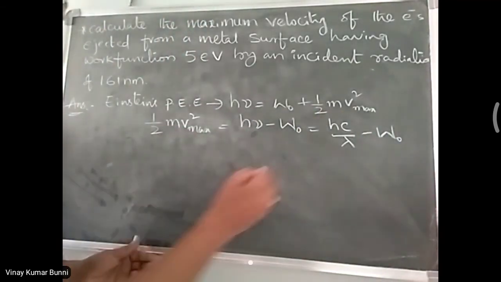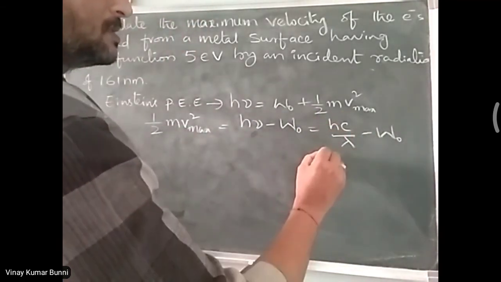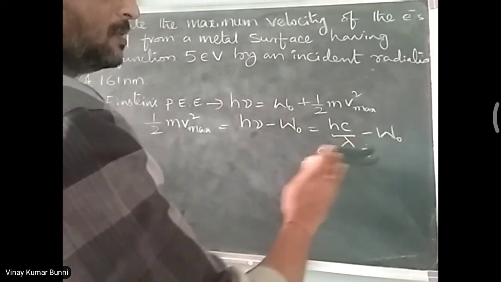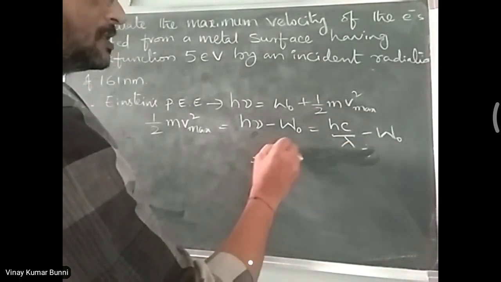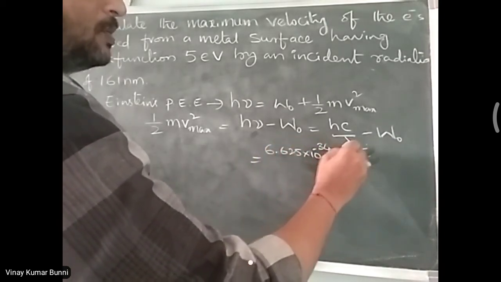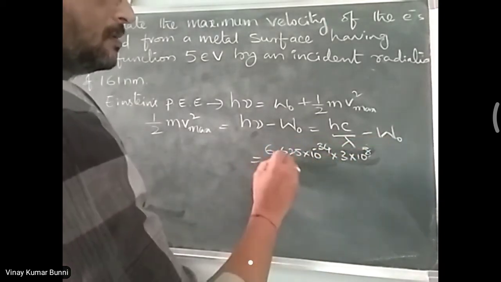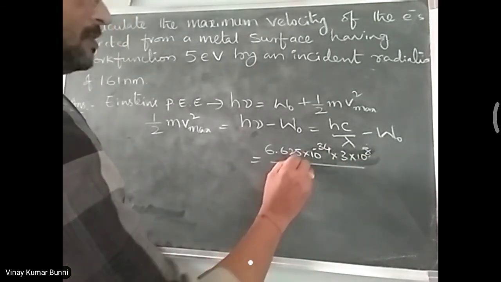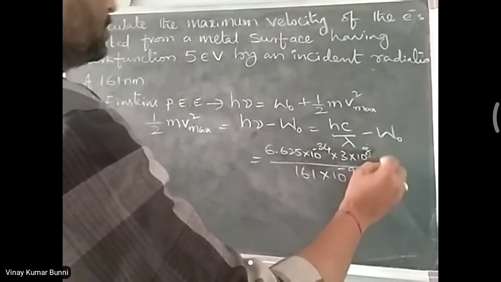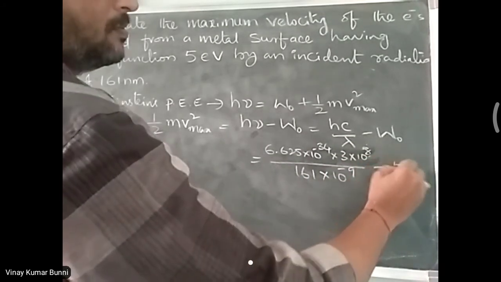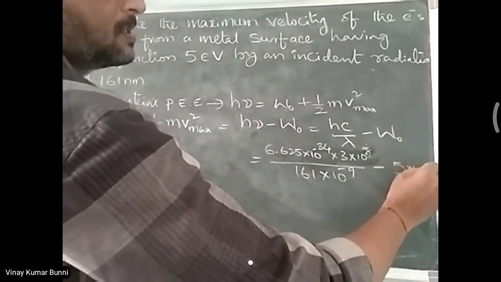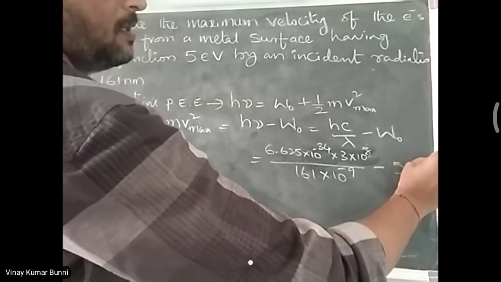Substitute the values. h is 6.625 into 10 power minus 34, into 3 into 10 power 8 by lambda, what is 161 into 10 power minus 9, and w naught is 5 into 1.6 into 10 power minus 19 joules, since it is in electron volts.